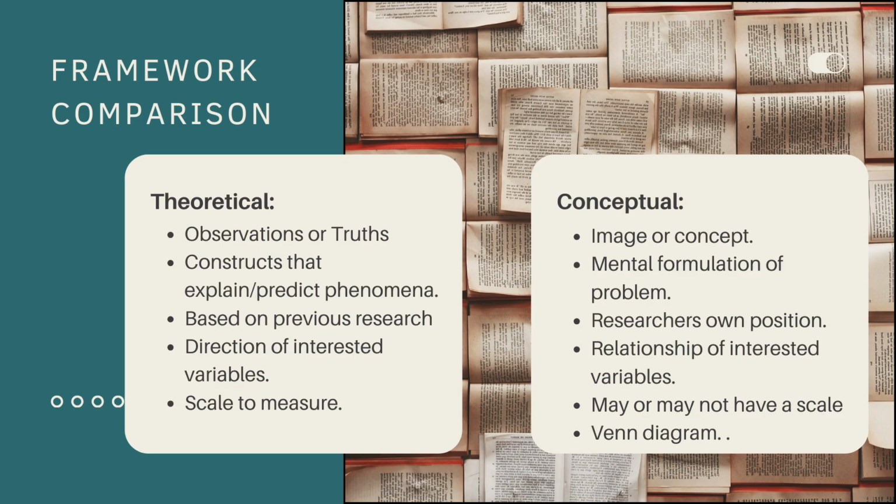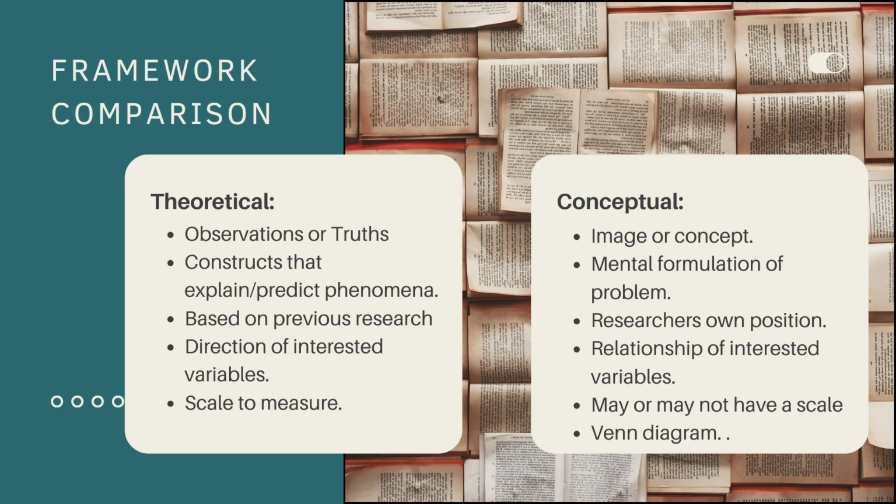We've got a direction with where we think these variables might go. We can use it to help explain and predict phenomena. Conceptual, again, is more of a mental formation, relationships of just interested variables. We may or may not have a scale. And it's often more related to the researcher's feeling about it, instead of the actual truth about this theory.